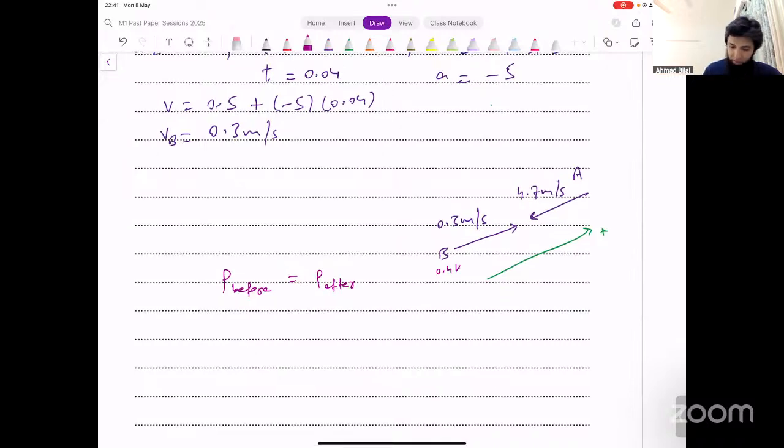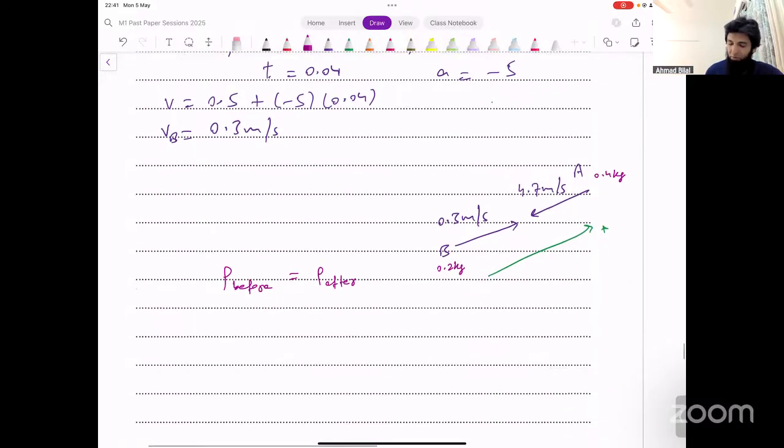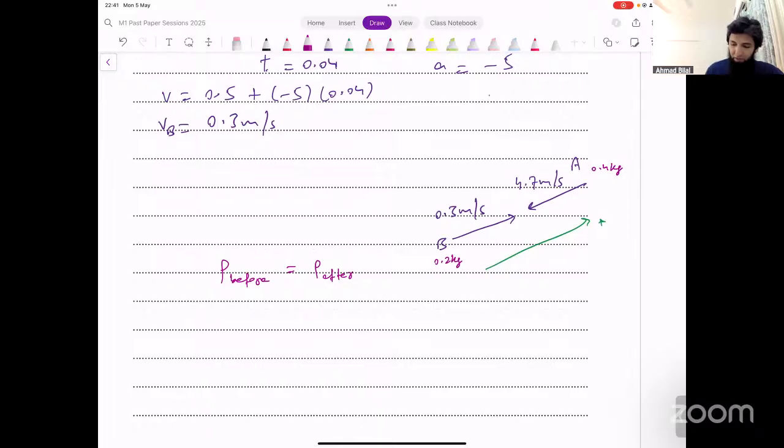This is 0.2 and A is 0.4. Let's apply conservation of momentum. Momentum before collision for A, it's negative velocity. So that's 0.4 into minus 4.7 plus 0.2 into 0.3 for B. That equals momentum after collision.